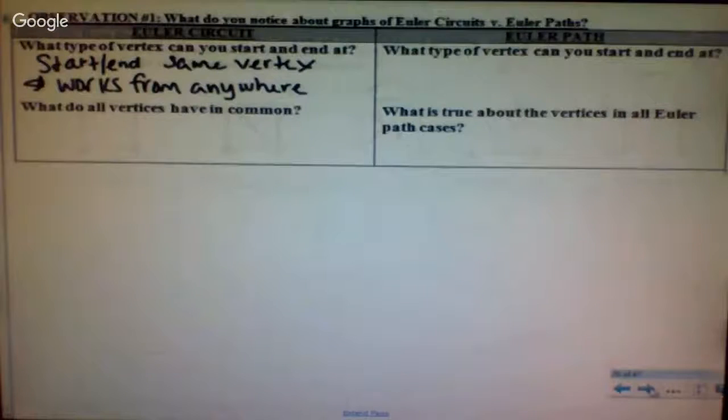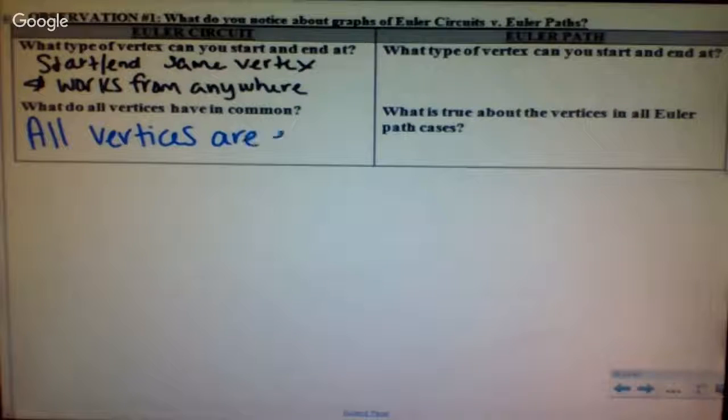So if you have a circuit, all vertices are even. If you have any odd vertices at all, it's automatically not a circuit. That's one of the theorems. You just found that yourself. I didn't have to tell you that.